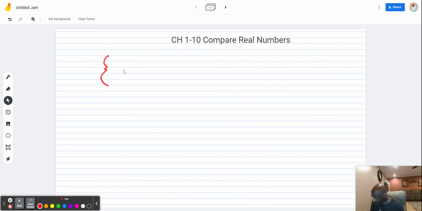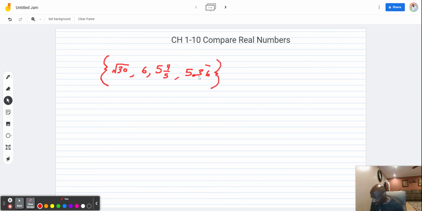Let's say we have the square root of 30, a 6, a 5 4/5, and a 5.36 repeating decimal. Make sure you can see that decimal there.